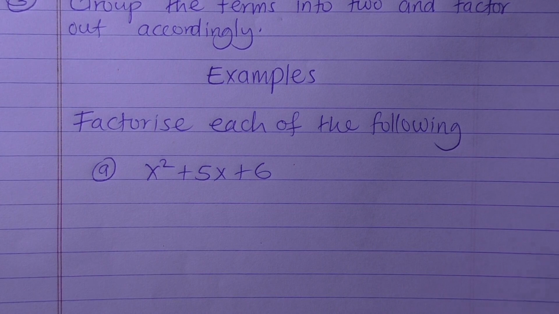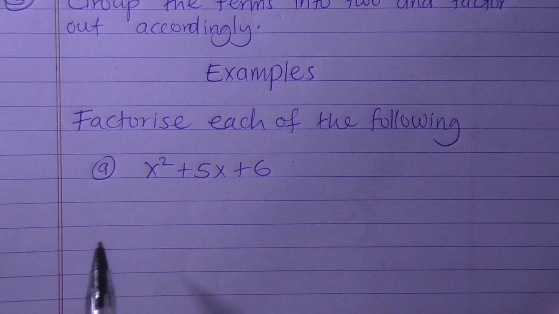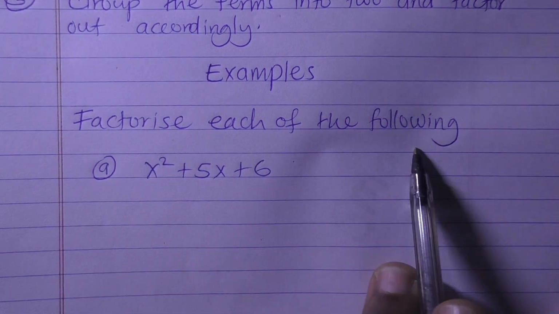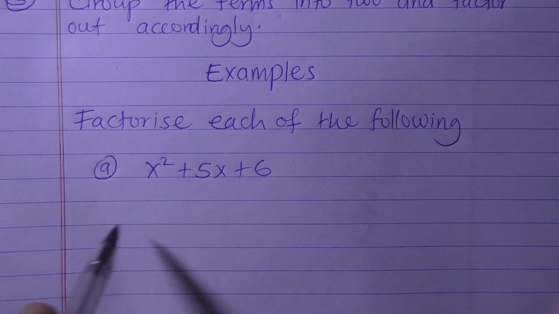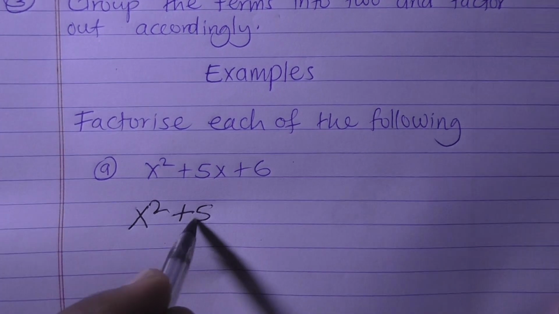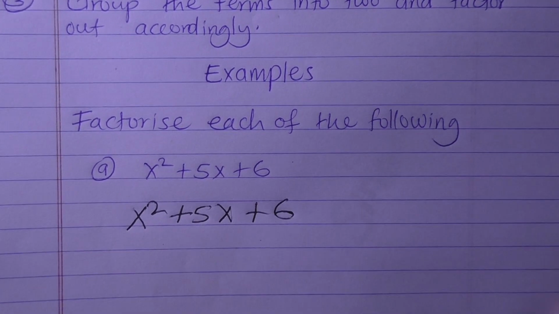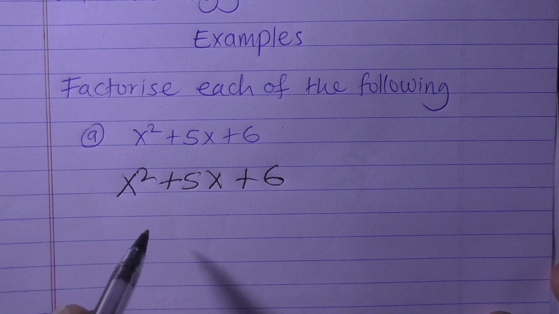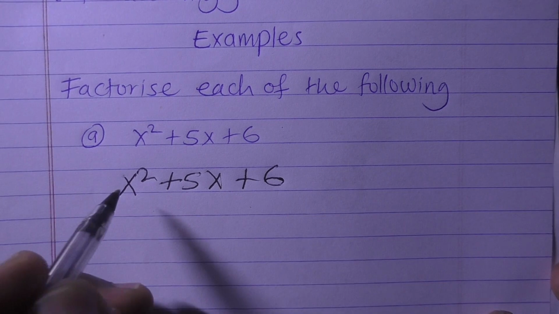Example 1, or part A, we are told to factorize each of the following. Part A, we have x squared plus 5x plus 6. So the first step was to find the factors of AC.